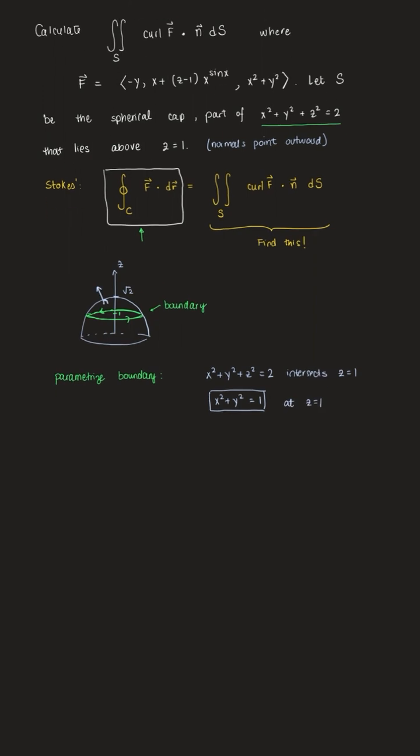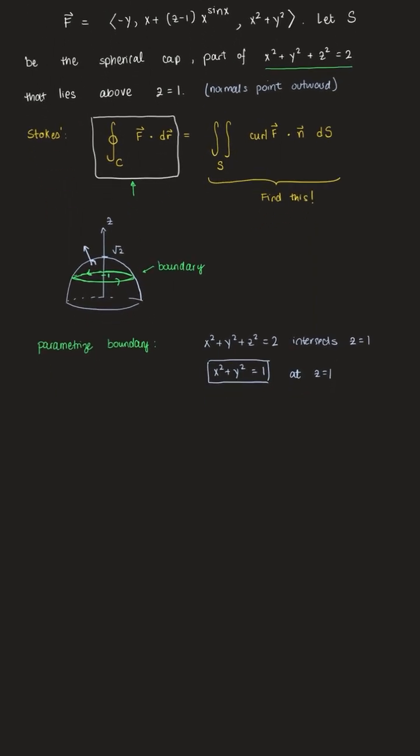All right. And I know now the direction in which it should go, its orientation. Since I oriented it so that it would be compatible with the normals, it's going in the counterclockwise direction.